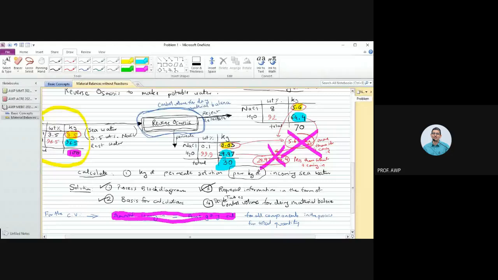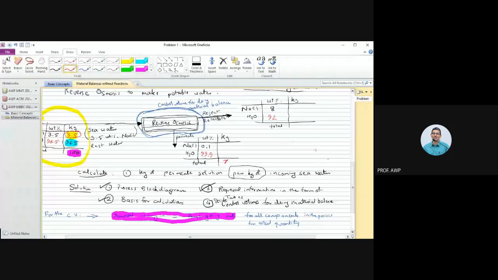So what is a better thing to assume? In terms of a variable. Since this is unknown, we can assume that this amount is X kgs.